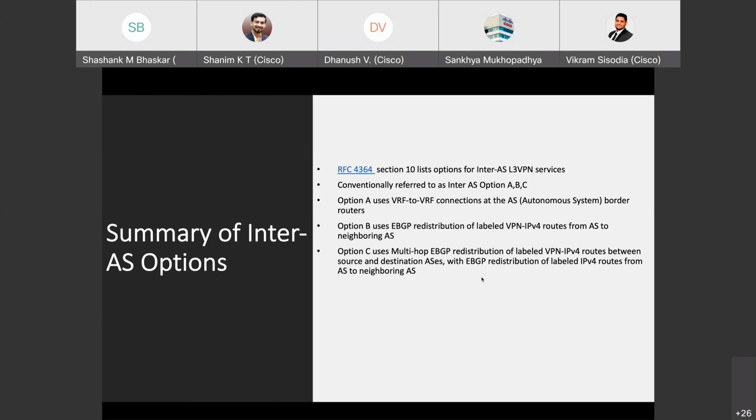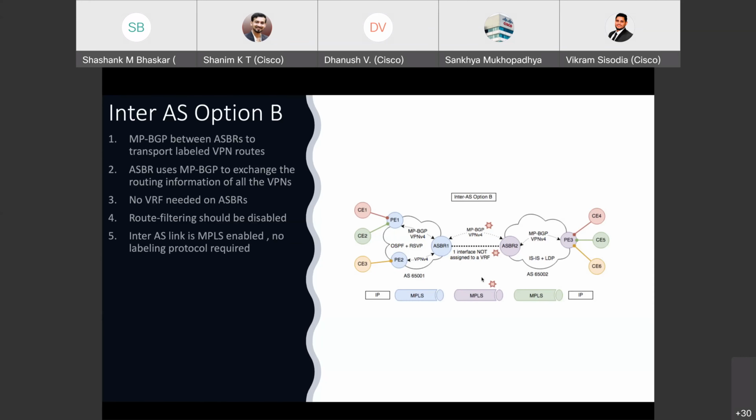And then you have option C, which takes care of multi-hop eBGP peering between the VPNv4 routes, and also takes care of the transport label across the different autonomous systems. Just to give a brief of option B, because we are dealing with option B in this defect: you can see there are two autonomous systems listed, 65001 and 65002.